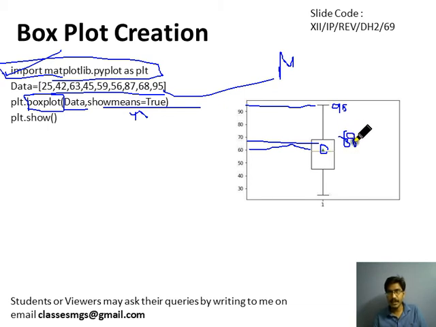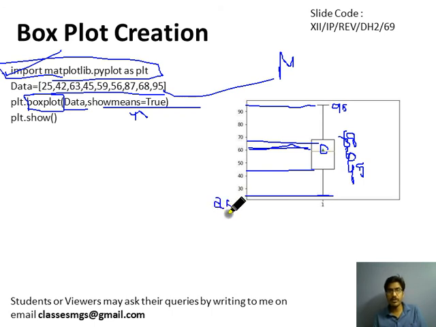Here the lower quartile lies around 45. So lower quartile is around 45, and the mean, or median we can say, is around 60. And the minimum element lies below 30, I think 25.